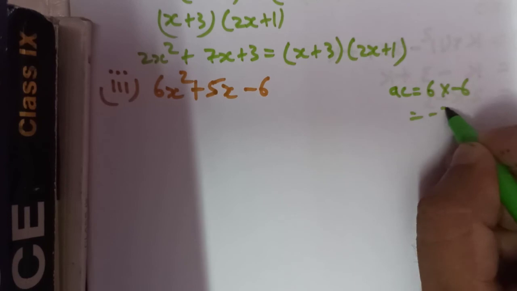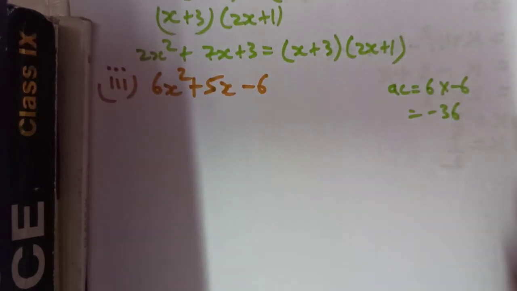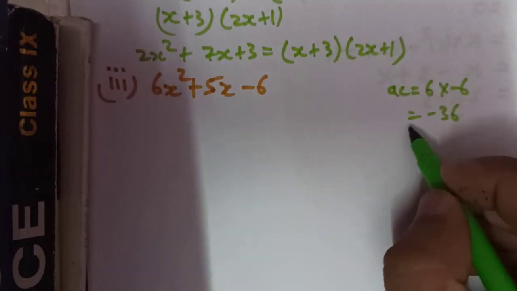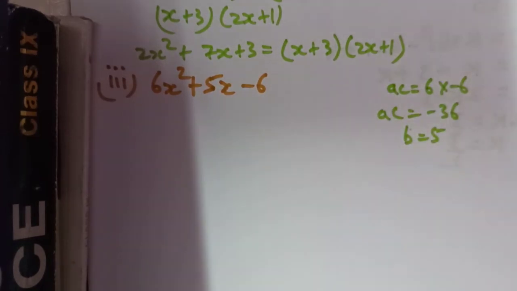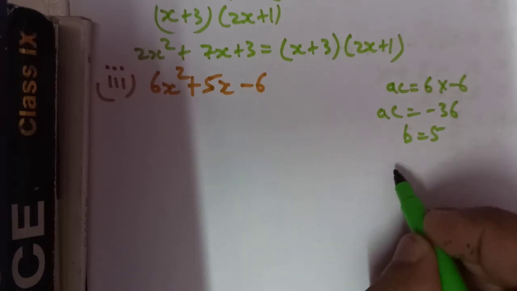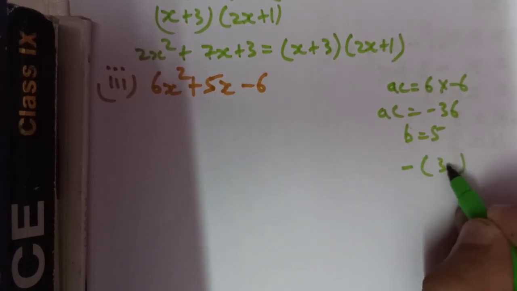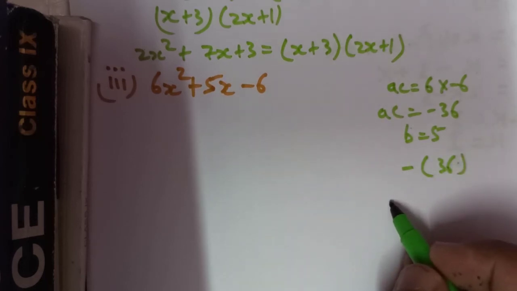is minus 36. So we have to find out the factors of minus 36 such that the sum equals B. That is, B is given what? 5. So if we find the factors of 36, 36 can be written as 9 and 4.